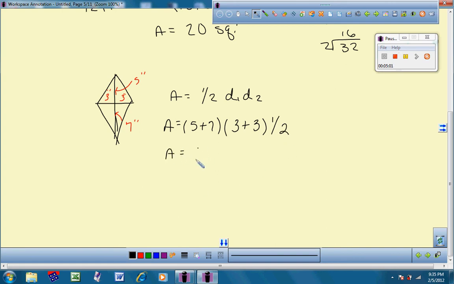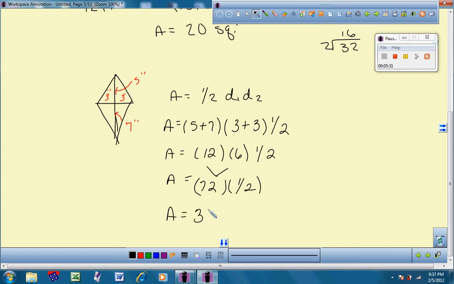So 5 plus 7 is 12, and 3 plus 3 is 6. 12 times 6 is 72, and half of 72 is 36. So the area of this kite is 36 square inches. Remember, whenever we're dealing with area, our units are always squared.